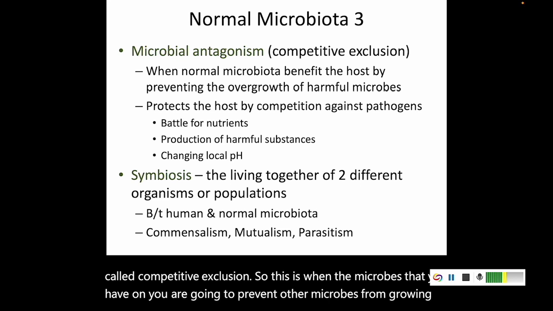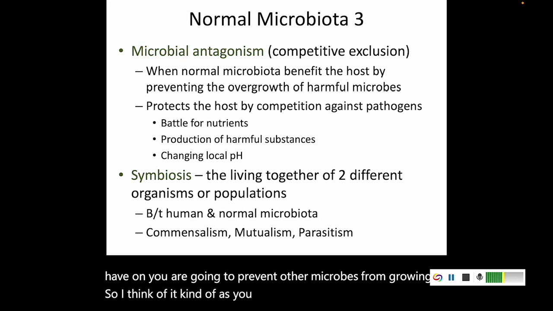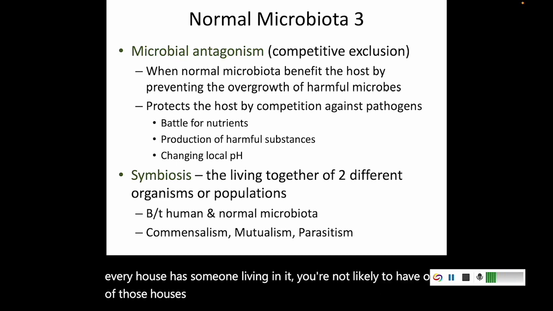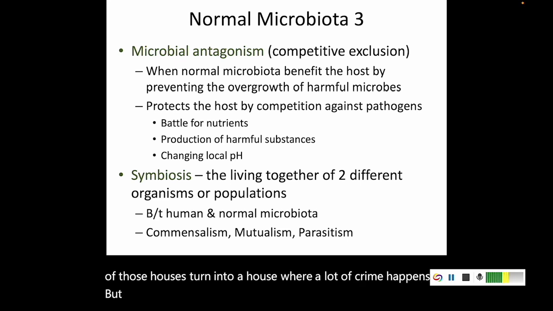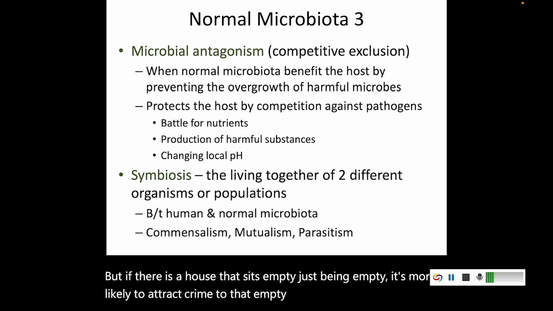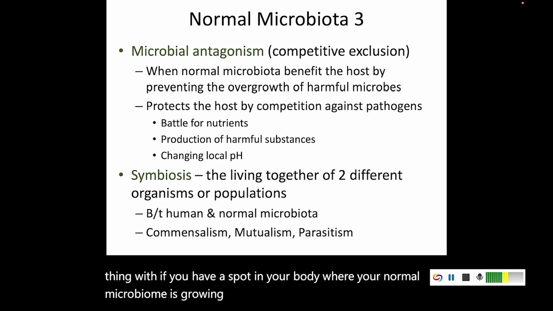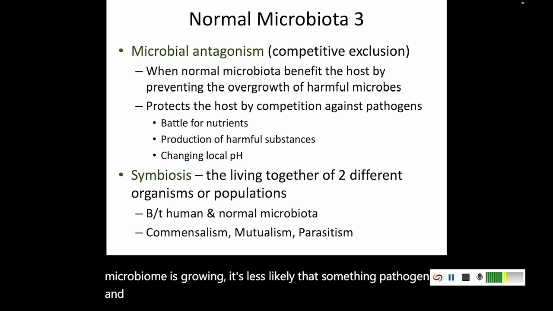So I think of it kind of as, if you have a street where every house has someone living in it, you're not likely to have one of those houses turn into a house where a lot of crime happens. But if there is a house that sits empty, just being empty, it's more likely to attract crime to that empty house, right? So it's the same thing with if you have a spot in your body where your normal microbiome is growing, it's less likely that something pathogenic and harmful is able to get in there and start doing harmful things.